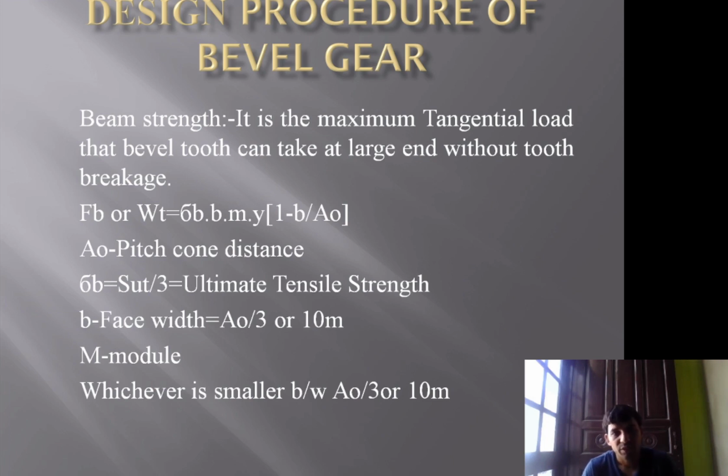If in the question statement the ultimate tensile strength is given, then we may find the beam bending stress by dividing it by 3. Next, b is the face width, and if the value of face width is not given, then we may find it by a naught divided by 3 or by 10 m. Whichever is lesser we will take for the face width, where m is the module.